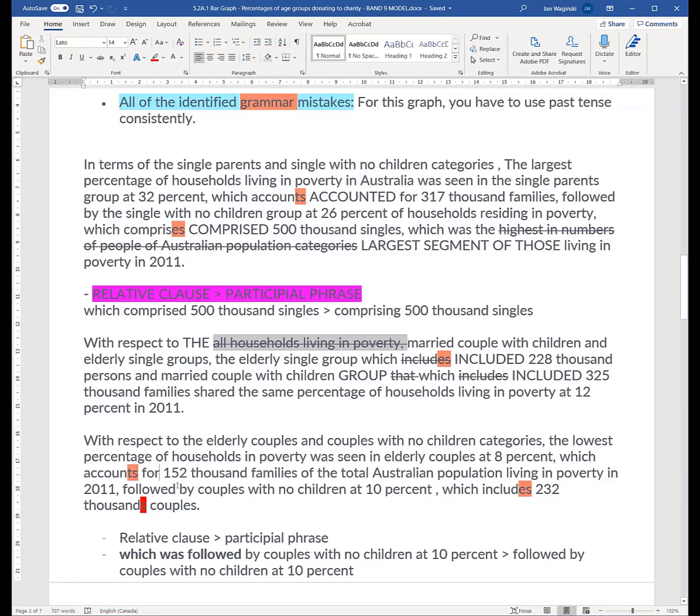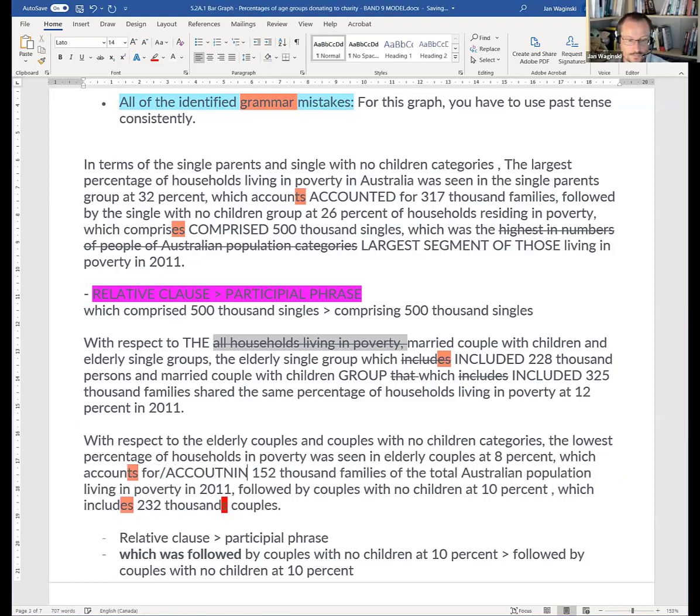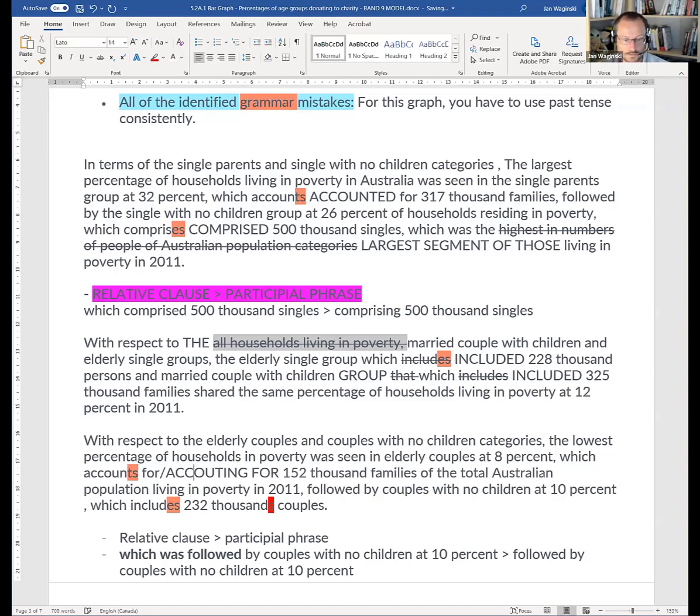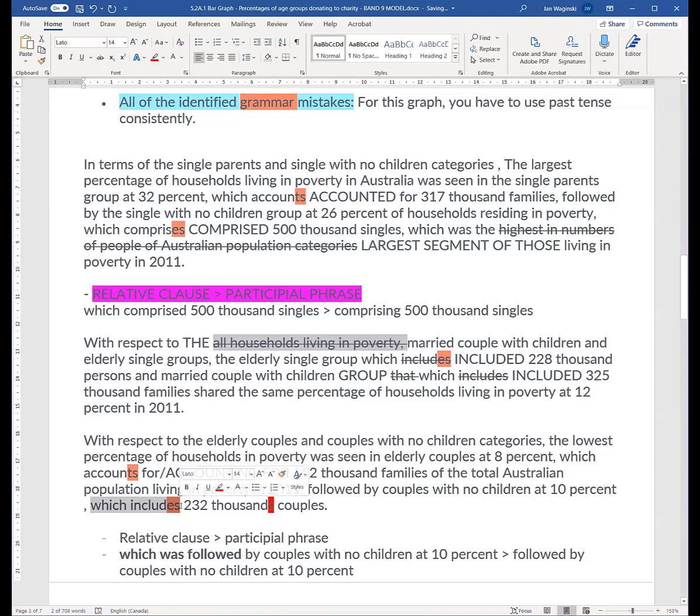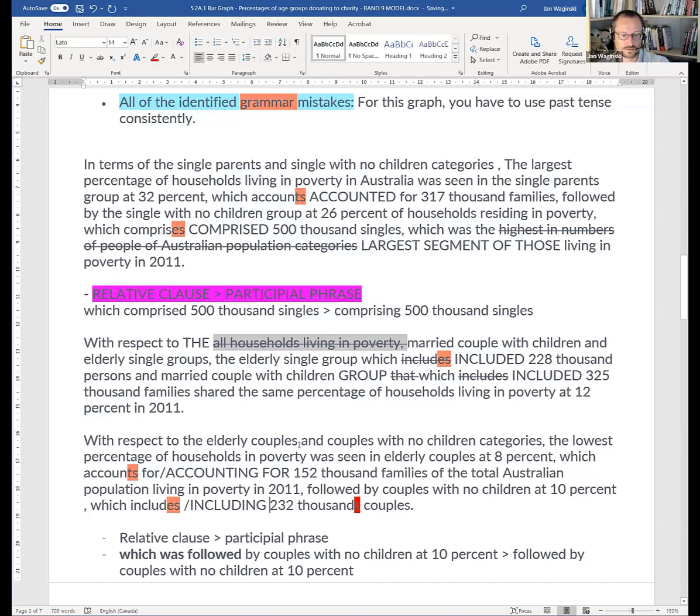Accounting for. Accounting. Good. And here, "which includes" or "which included" would simply be "including 300." That's it. Easy, right? Okay.